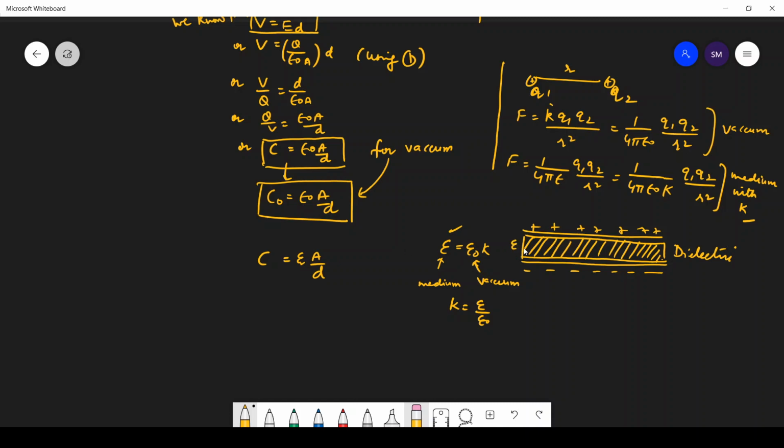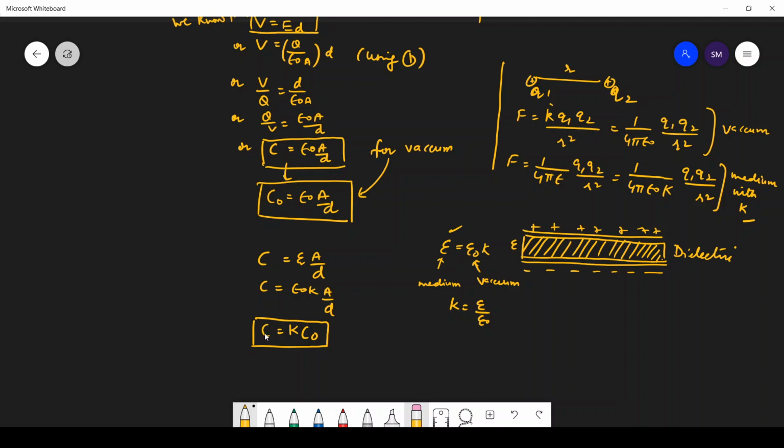So this is the permittivity of this dielectric. Now put the value of permittivity as epsilon naught K. So C is equals to epsilon naught K A upon D. Now this was my capacitance before I inserted this dielectric. So I can write it as C is equals to K C naught.